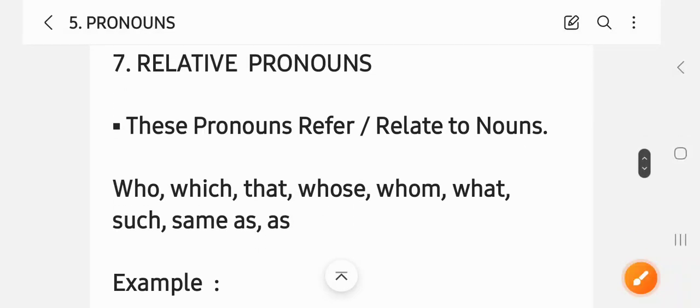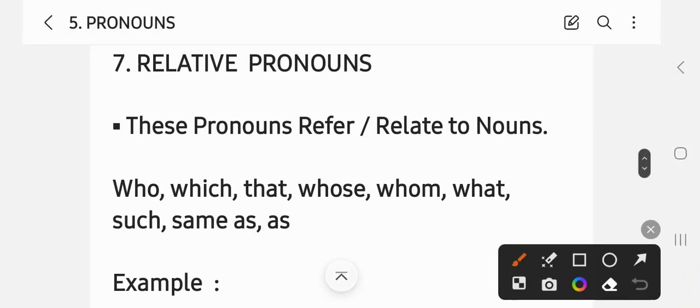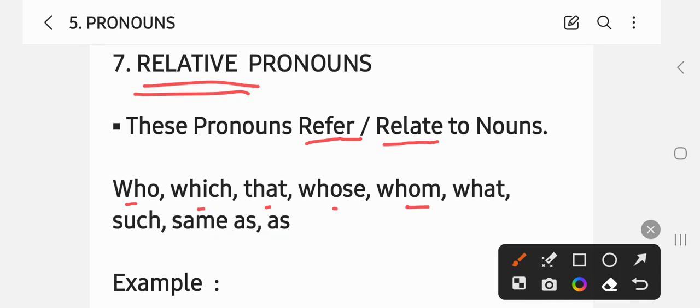The next kind of pronoun is relative pronoun. Relative pronouns refer or relate to nouns directly, like who, which, that, whose, whom, what, such, same as.